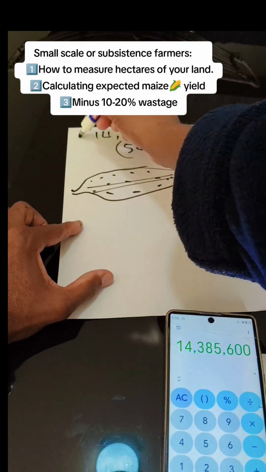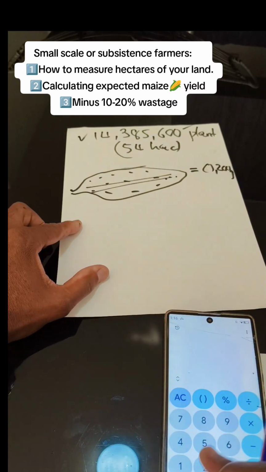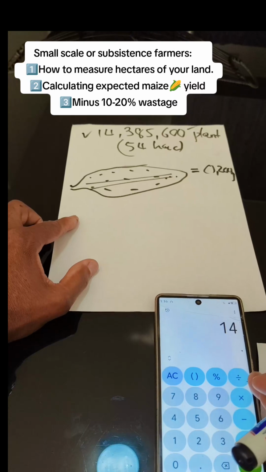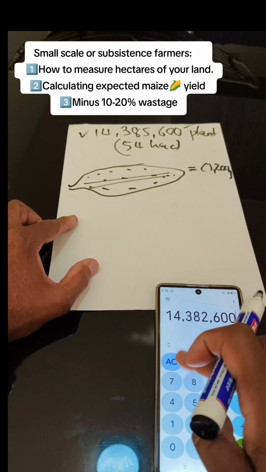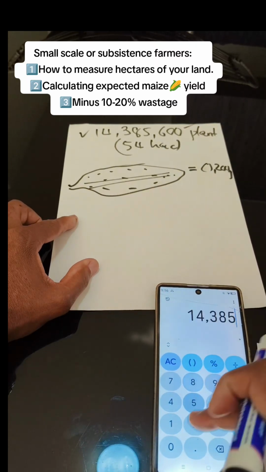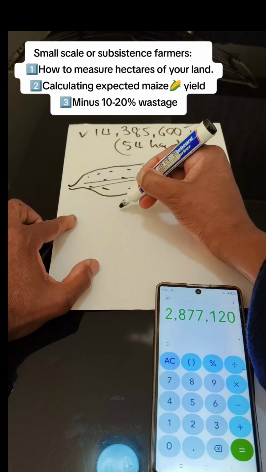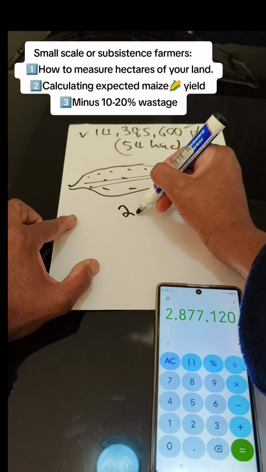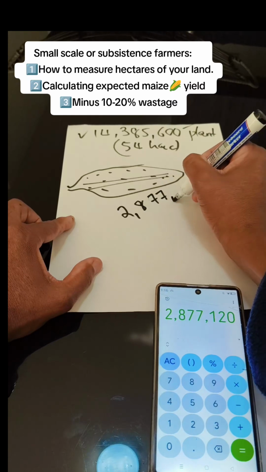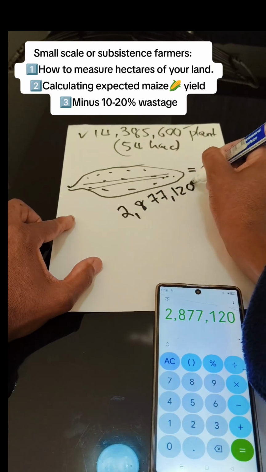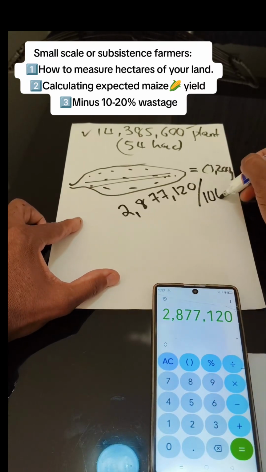So you multiply the 14,385,600 by 0.2, and you've got 2.8 million, 2,877,120.